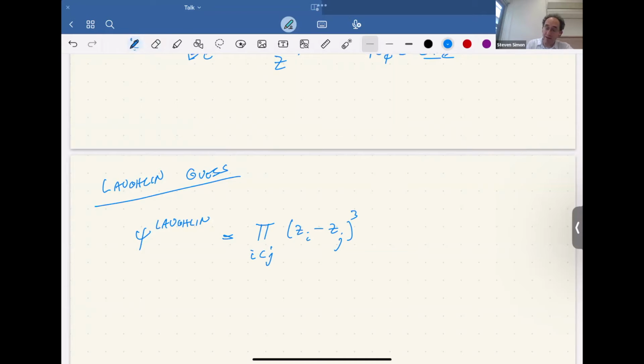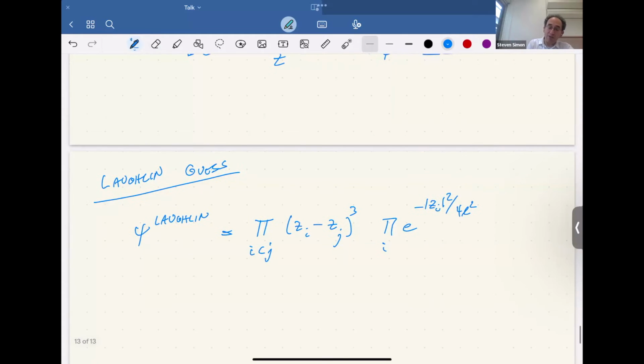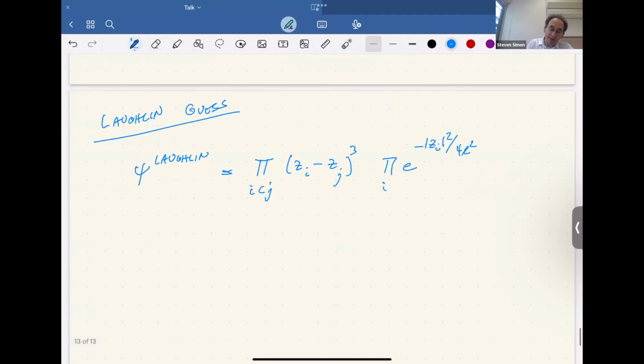And then the product over i of e to the minus the Gaussian factors, which we usually don't write. So it's a polynomial. It's good. It's homogeneous in degree. The highest power of any z is what?